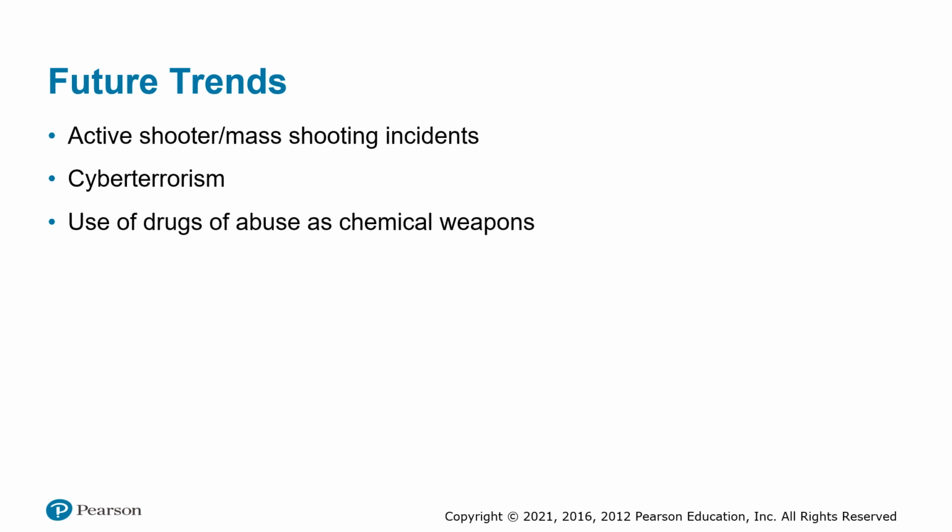Future trends: we always need to be aware of what can be used, how it's used, and what can cause harm. Examples are active shooters, mass shooting incidents, cyber terrorism, and the use or abuse of drugs as chemical weapons.